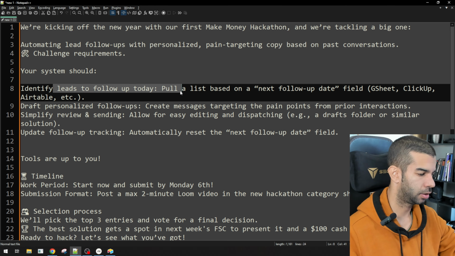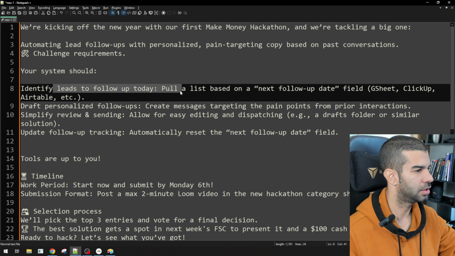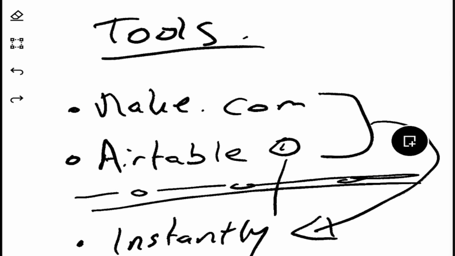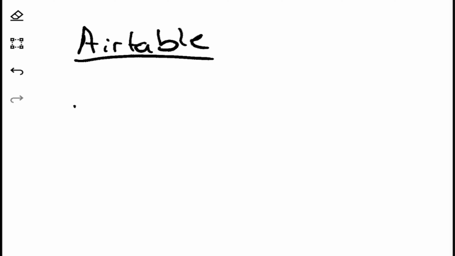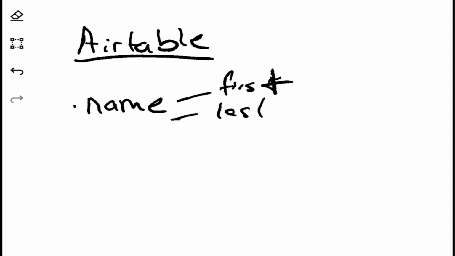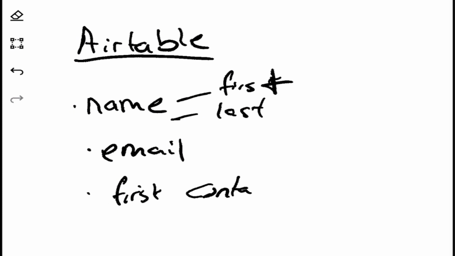So if we go back here, number one is identify leads to follow up today. In our table, let's start thinking about what our Airtable database will look like. We need to have the name, so this can be first and last name. We need to have the email of the person. We should have the first contact date.